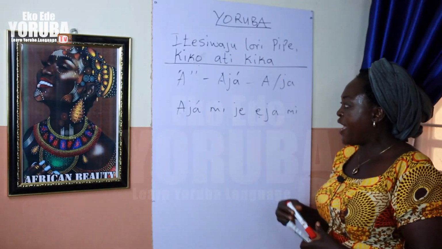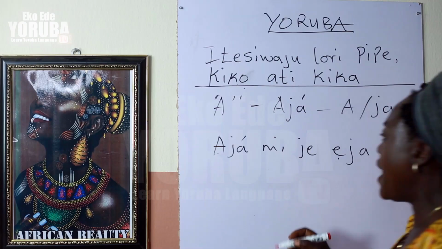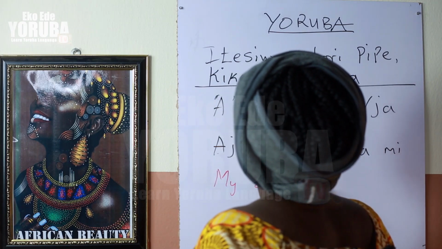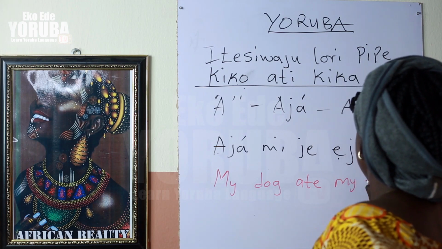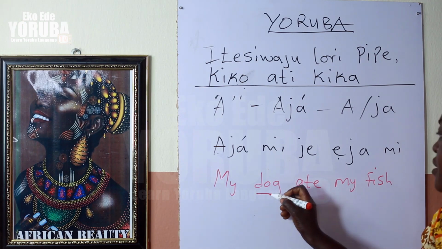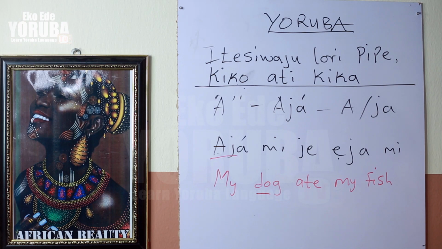My dog ate my fish. We can see it. This is what we are talking about. Dog, ajá. Ajá mi jẹ ẹja mi. My dog ate my fish.